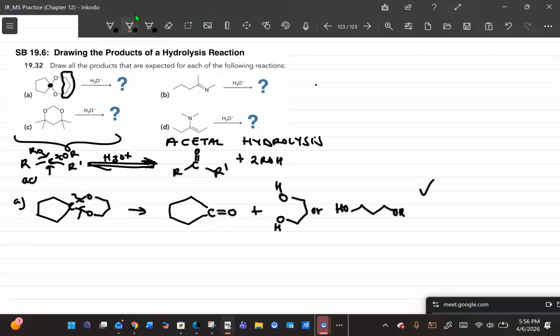And that is the acetal carbon or even the hemiacetal carbon, because those ones can also be hydrolyzed.